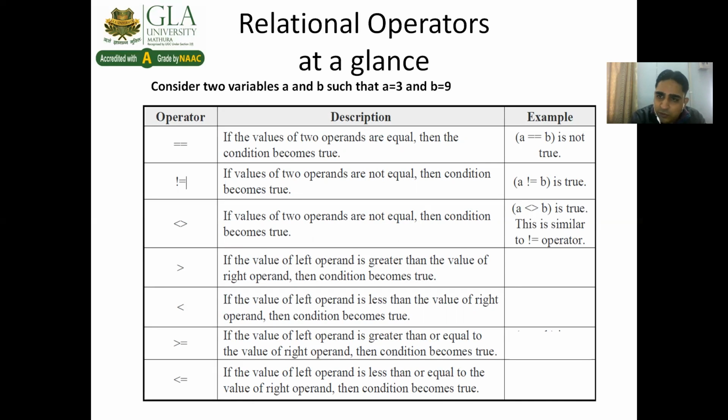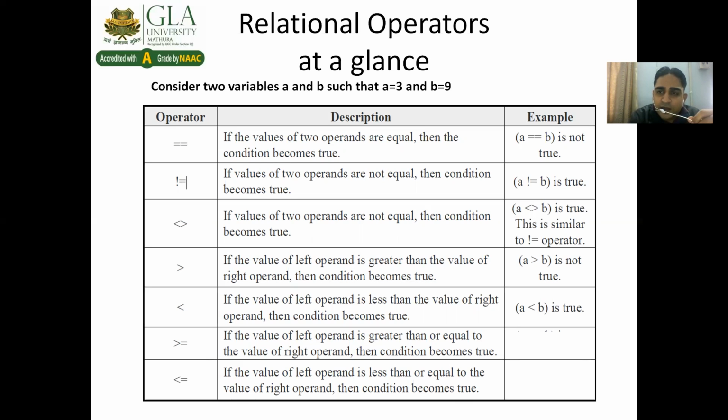And greater than, as you know, if the first value is greater than the second value, then it is going to give you true, otherwise it is going to give you false. So 3 greater than 9 is false, so it is giving you false. Less than is again an operator, so 3 less than 9 is true, obviously.